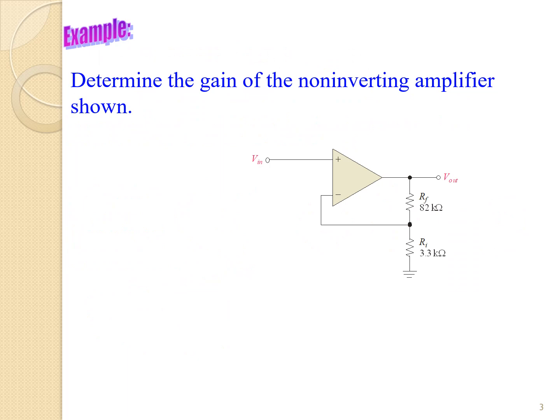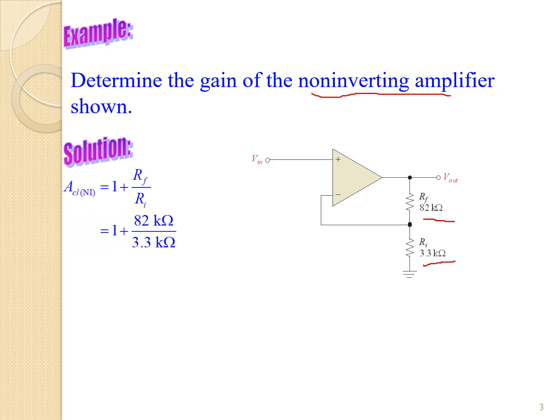Examples. Determine the gain of the non-inverting amplifier shown, given Rf is 82K, Ri equal to 3.3K. So as a solution, ACL non-inverting equal to 1 plus Rf over Ri.